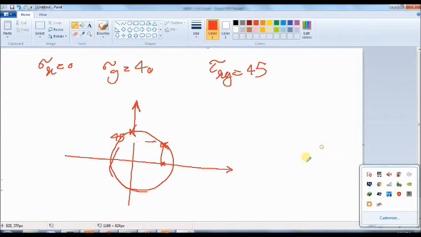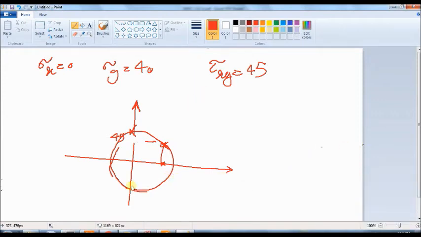Okay, after I draw this Mohr's circle, we can see that one of the principal stresses, let's say sigma A, is positive and another one is negative. I told you that in the first case we had two positive principal stresses, but here we have one positive and another one negative.